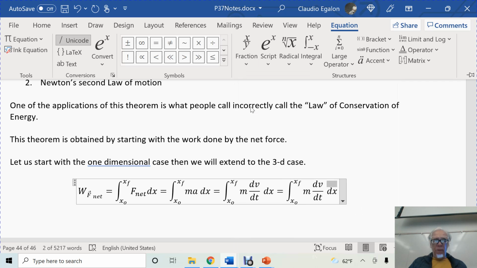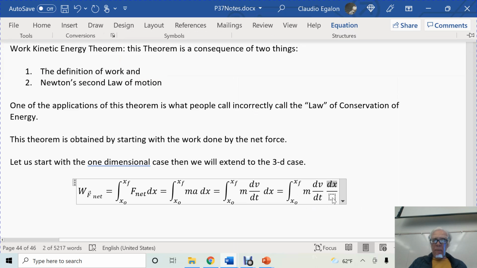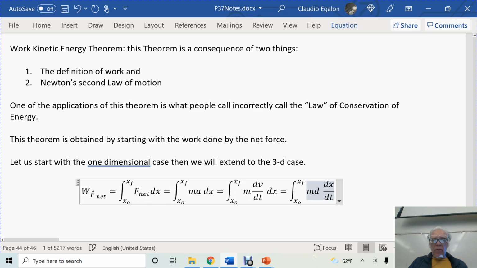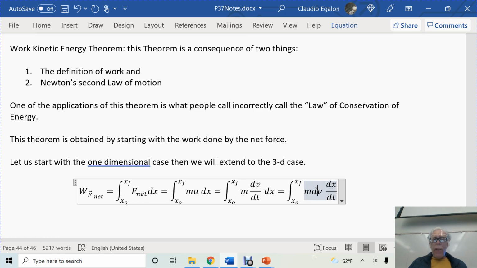Like any physical functions are. Here you go. Now just by coming up with this realization, it becomes very easy to solve this integral no matter what the type of acceleration is.